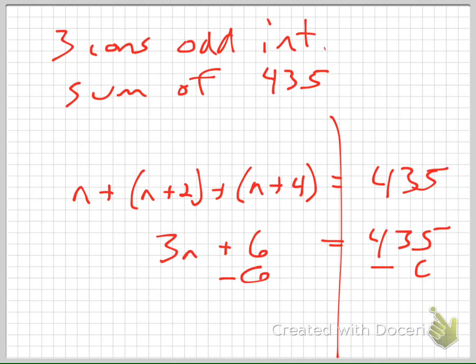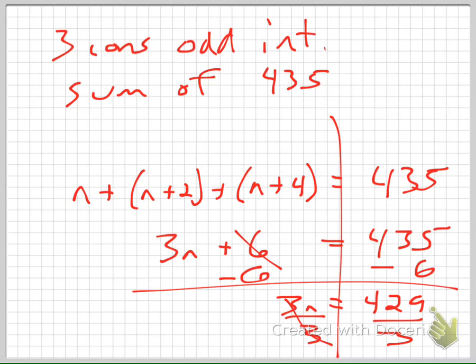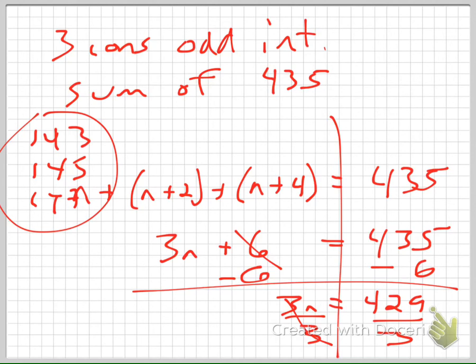Minus 6, minus 6. 3n equals 429. Divide by 3, divide by 3. What does 429 divided by 3 equal? 143. So then what are the 3 consecutive odd integers? 143, 145, 147. How many of you got 143, 145, 147? Yes. Okay. You guys are good to go.